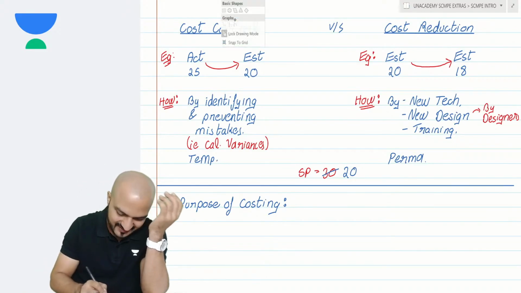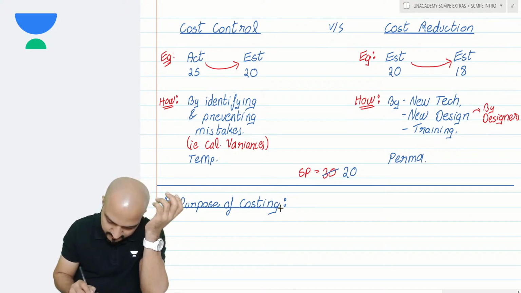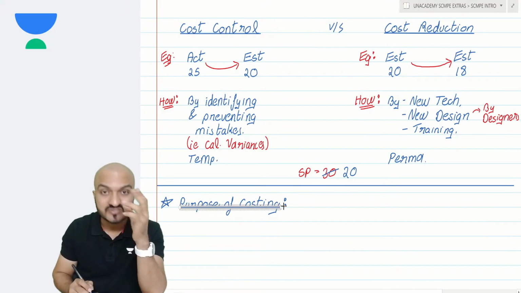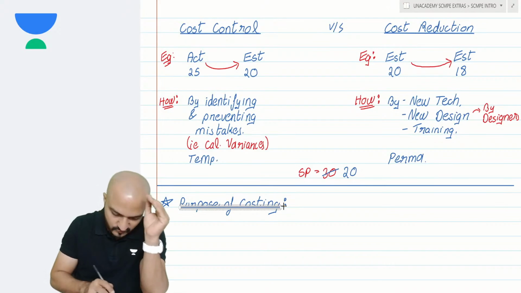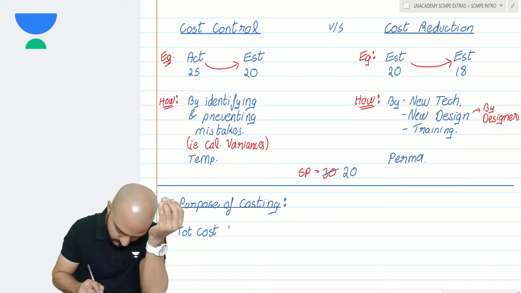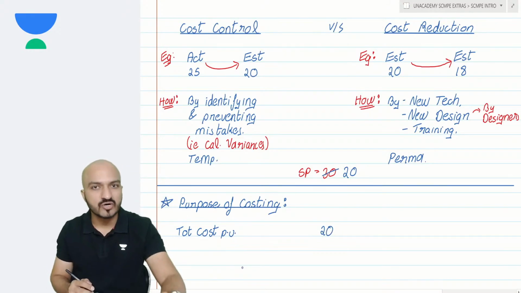So that brings me to my next part in my introduction, which pertains to the purpose of the subject of costing. Why do we learn the subject of costing? Well, costing basically means calculating the cost of a product. So why do we want to calculate the cost of a product? Say total cost per unit is estimated as say 20. Why did you estimate cost per unit?